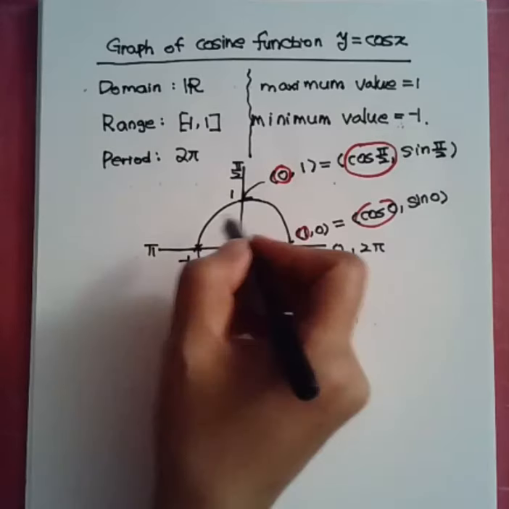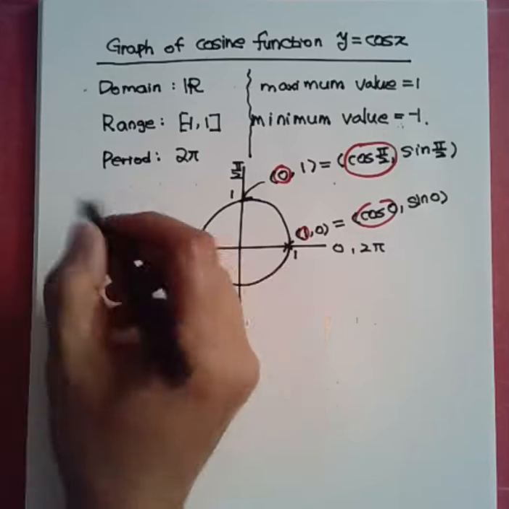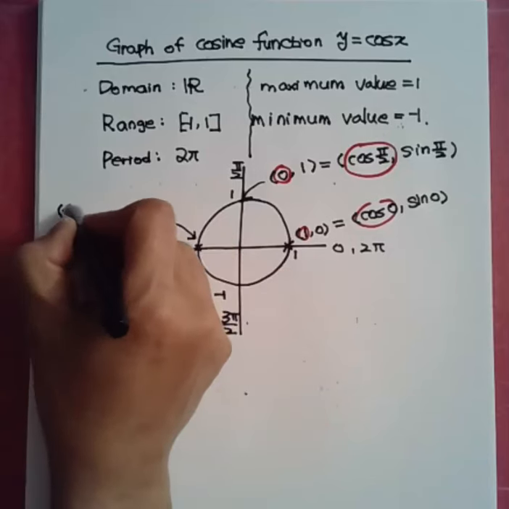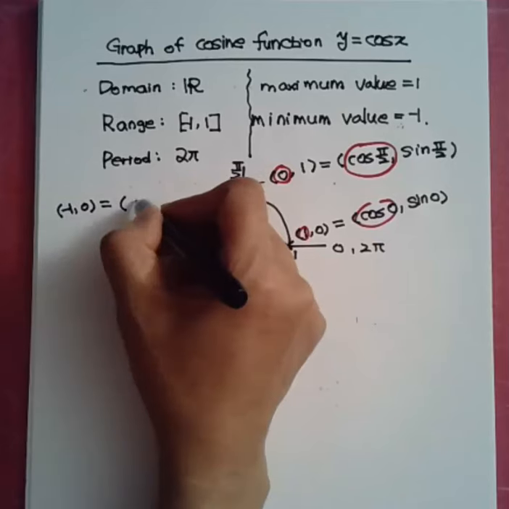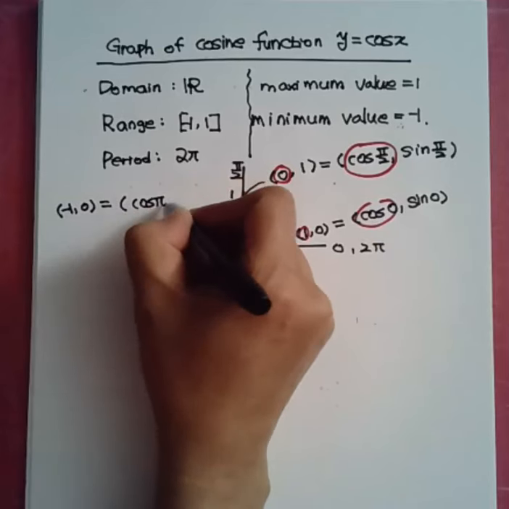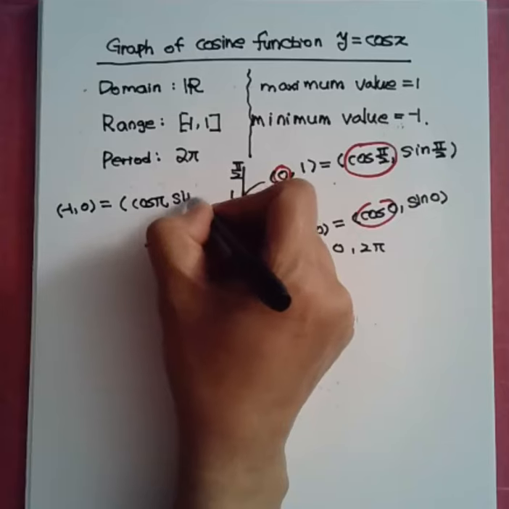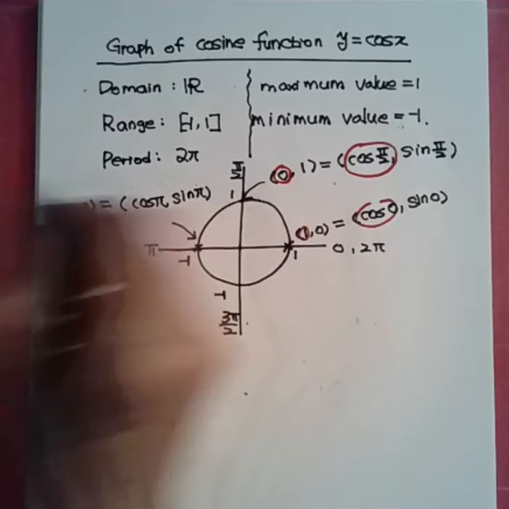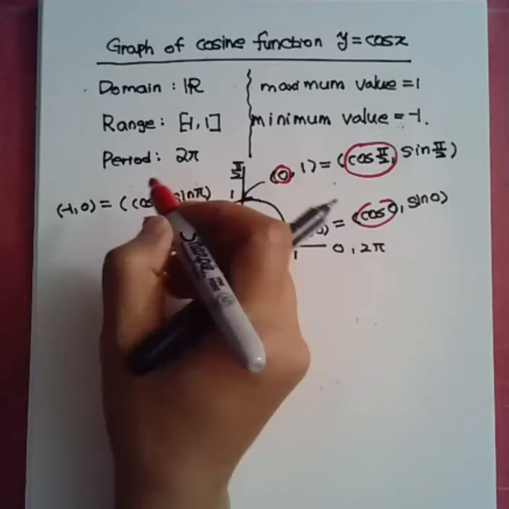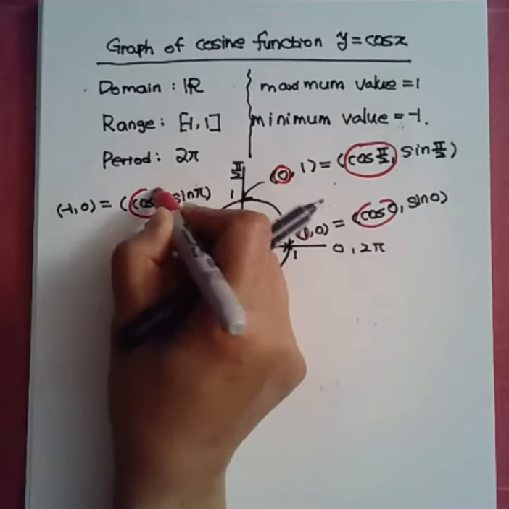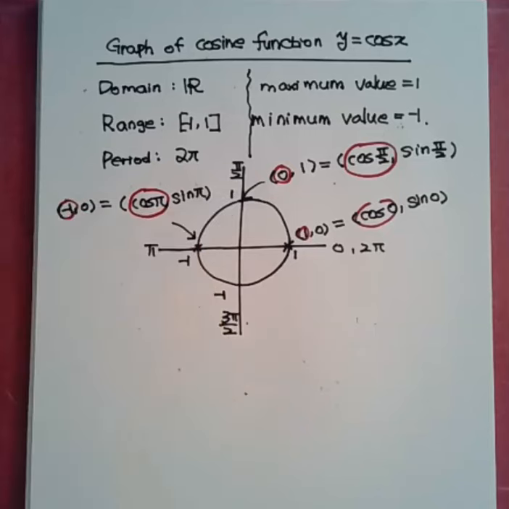Coordinate of this point is minus 1 and 0. That can be written as cosine of pi and sine of pi. So cosine of pi is minus 1.